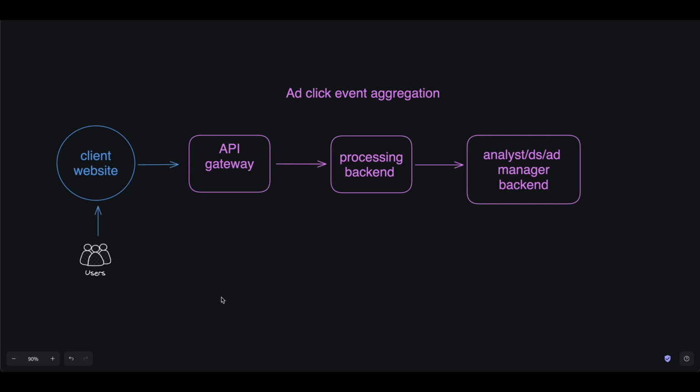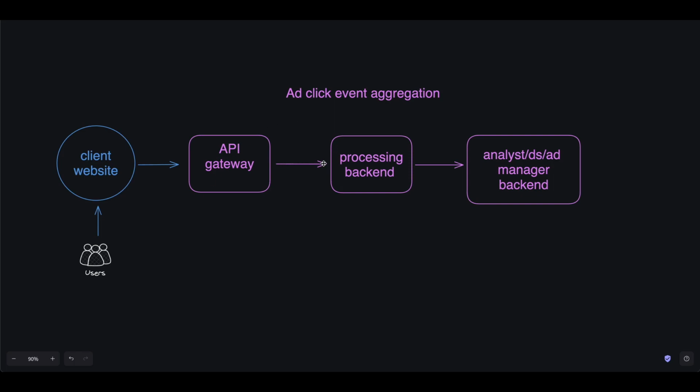So the basic setup will be we'll get clicks from a website. They will be routed to our API gateway. This is just a general point at which we get a lot of different requests, and the API gateway itself routes them to the needed part of the system.